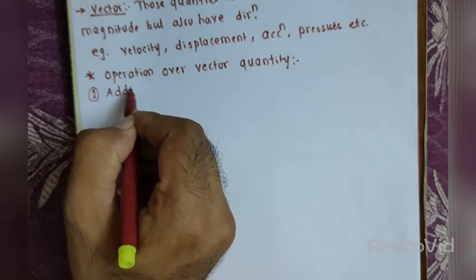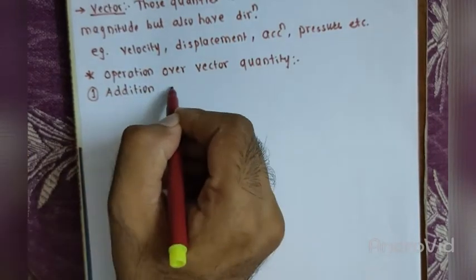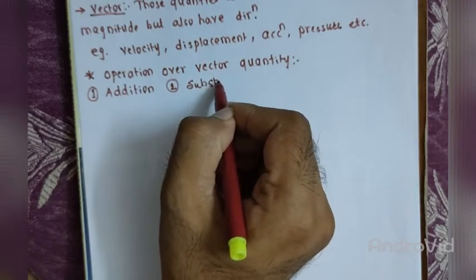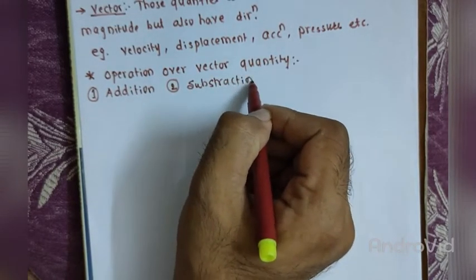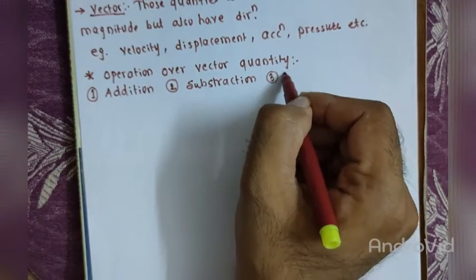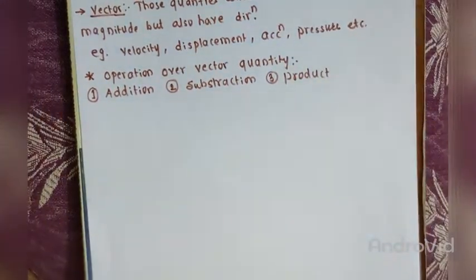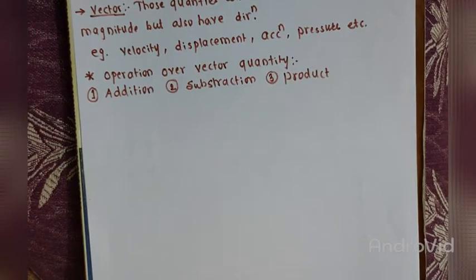The first one is addition, the second one is subtraction, and the third and most important one is product. So we are going to add the vectors, subtract the vectors, or we may take the product of the vectors. One by one we will have to see the operations on these vector quantities.